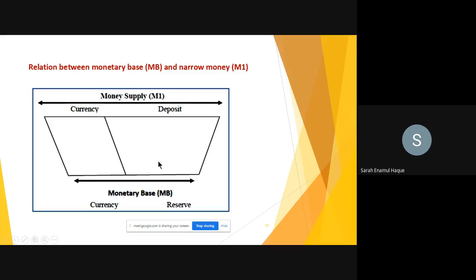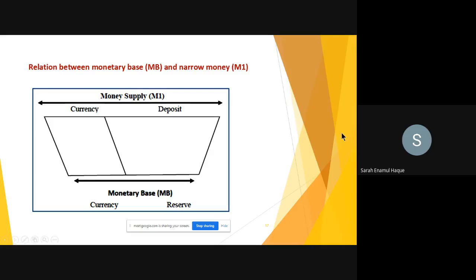They have just tried to show you the difference between money supply and monetary base. They have a common quantity, currency, and a different quantity: deposits for money supply M1, and for the monetary base, reserves. That means the required reserve, by the way.